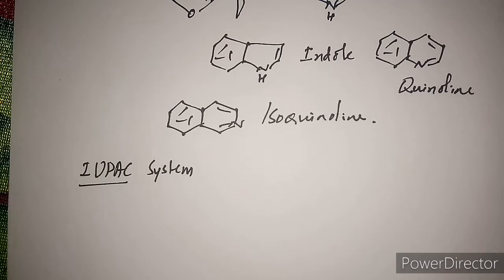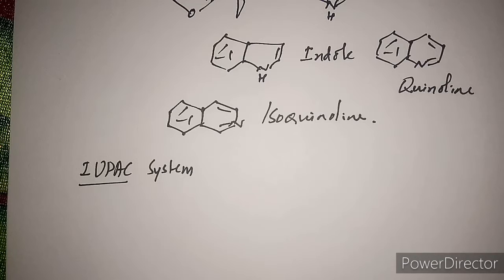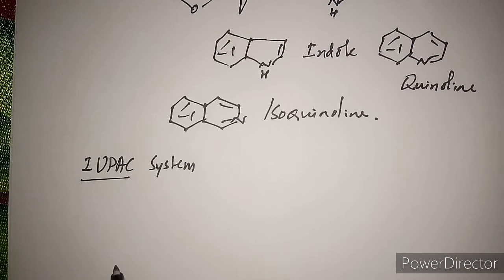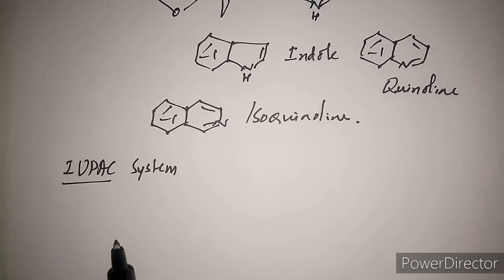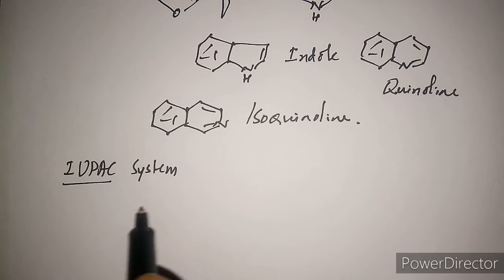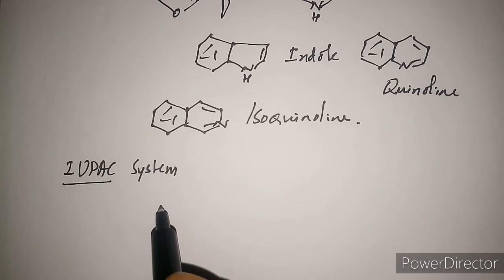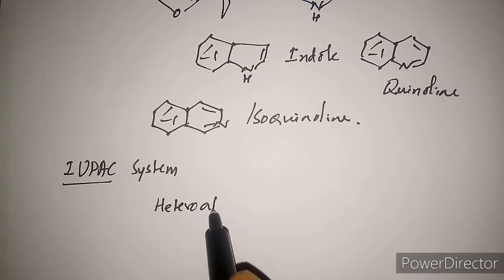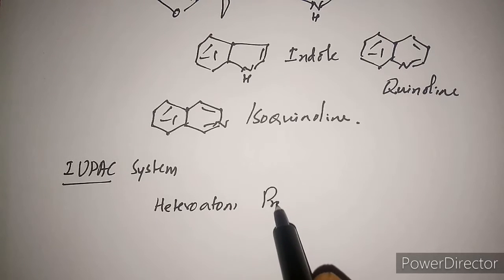Here we can name single rings from 3 to 10 membered, or a bicyclic ring system and so on. According to IUPAC, they have given prefixes for each individual heteroatom.